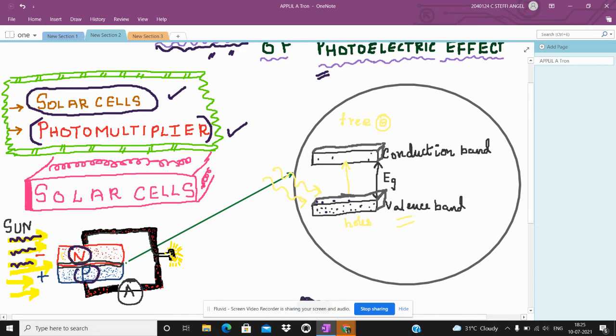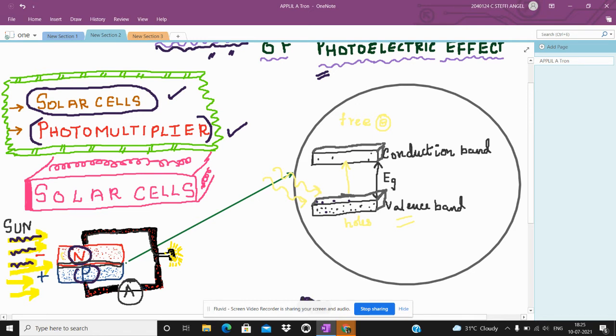Once they start moving, there is a buildup of an electric field, because there is an increase of oppositely charged carriers. So there is an electric field between these two, the N and P types, and also in the depletion region, or the junction, which prevents it from collapsing.